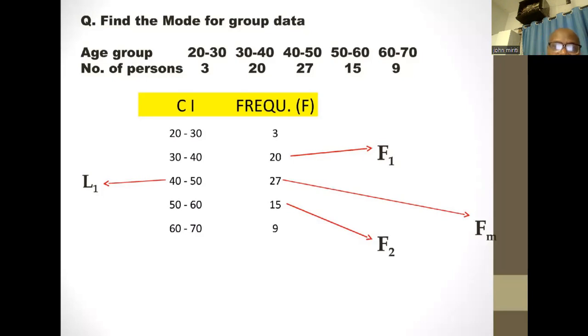What is F1? The frequency just before the mode frequency, which is 20. The lower limit of the class is 40, and the upper limit is 50. The frequency of the mode is 27, and the frequency after the class with the mode is 15. And the class length is 50 minus 40. That is the class length.